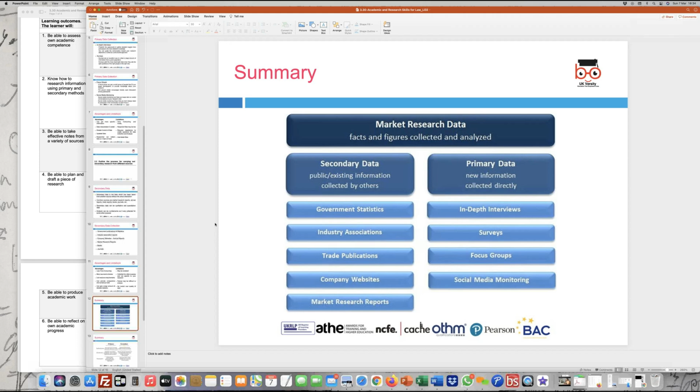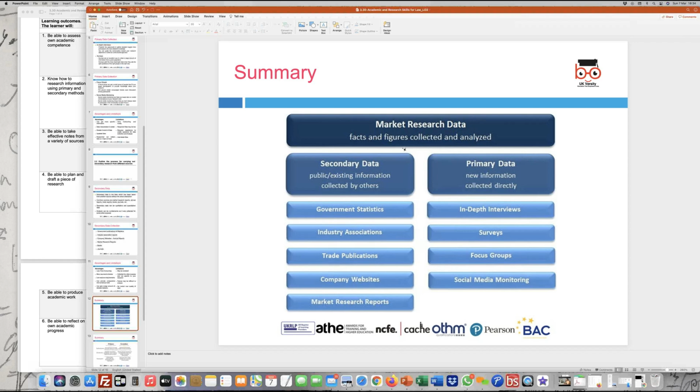There could be various reasons why you would be required to do research, collecting data that would then be presented as meaningful information to your colleagues or peers. The various ways of doing that are through the primary route and the secondary route.